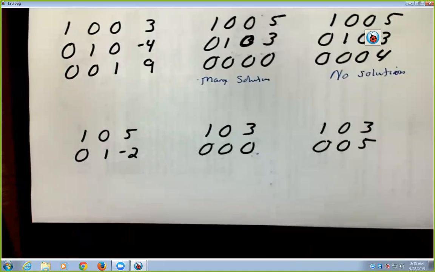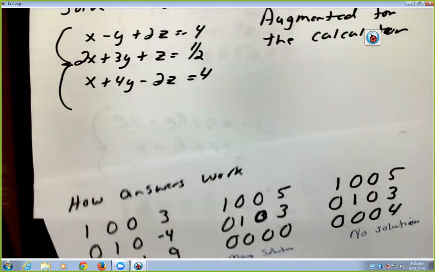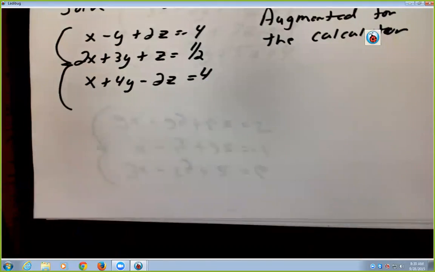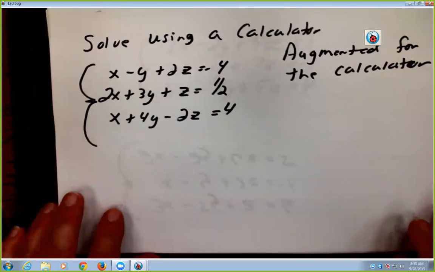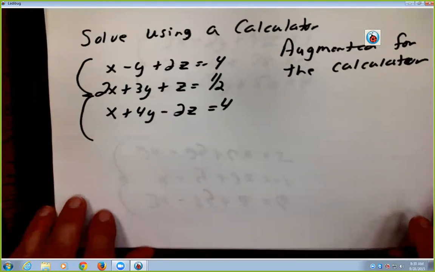Now again, in your 8.6, do not solve them the way they're solving them, because we're going to use our calculators to solve everything in 8.6. So make sure you do that. So let's take a look at this one and see if we can get a solution to it.